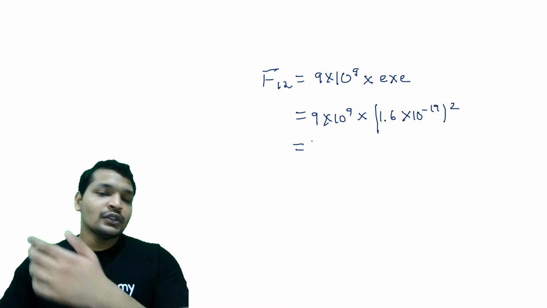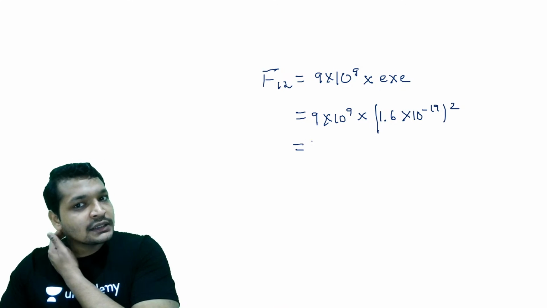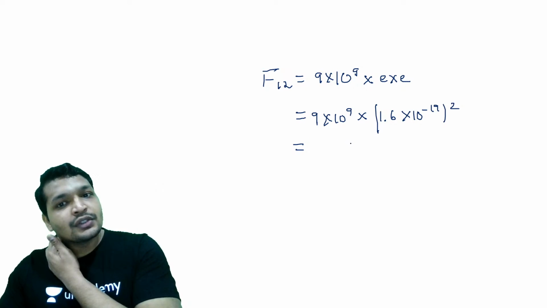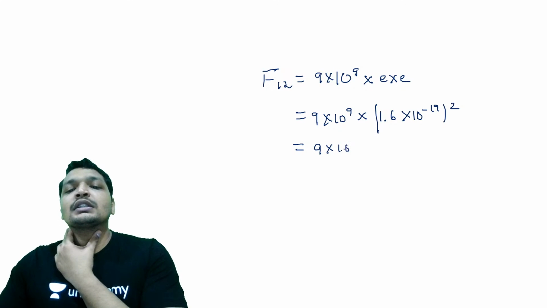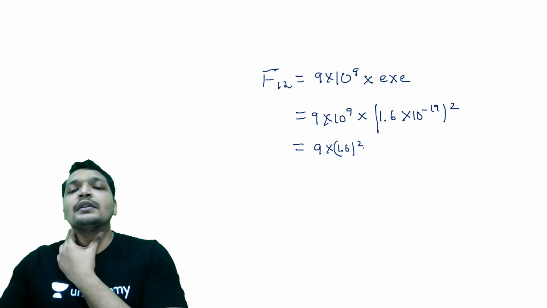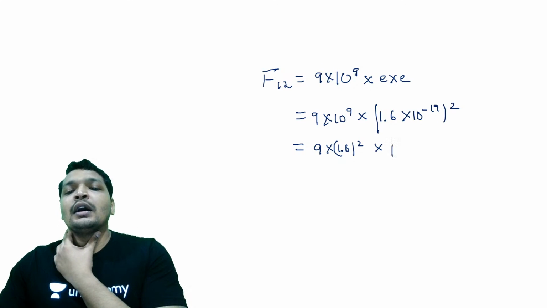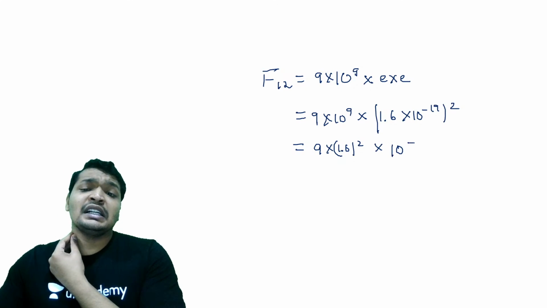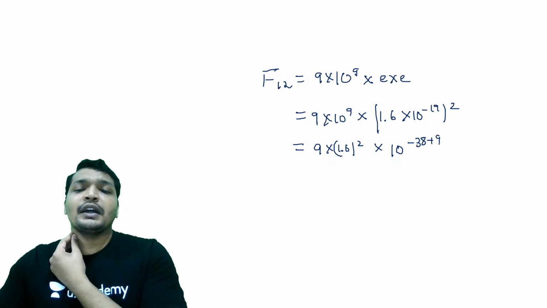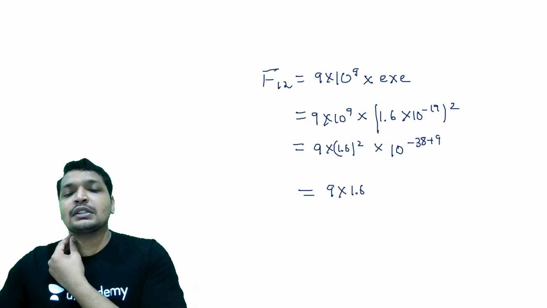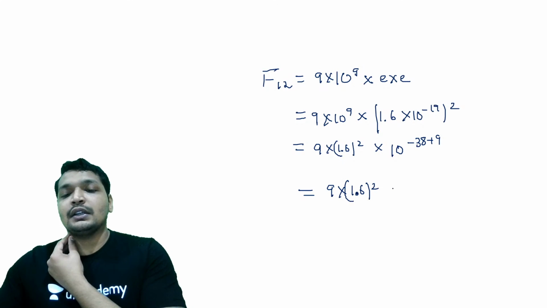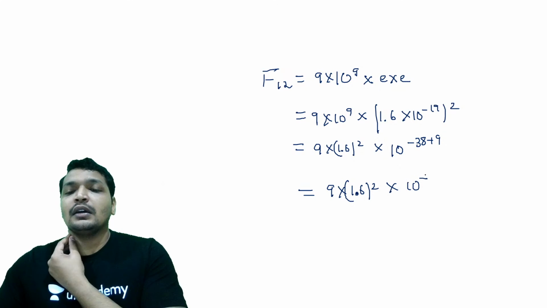That is 10 to the power minus 38, plus 9, which is going to give me 9 into 1.6 whole square into 10 to the power minus 38 plus 9. So this is going to be 9 into 1.6 whole square into 10 to the power minus 29.